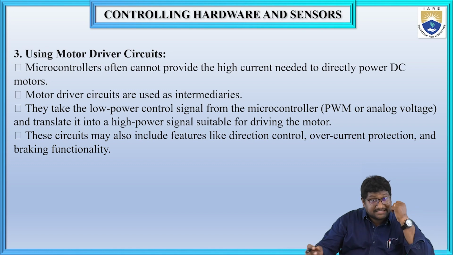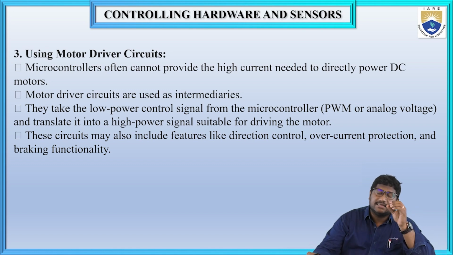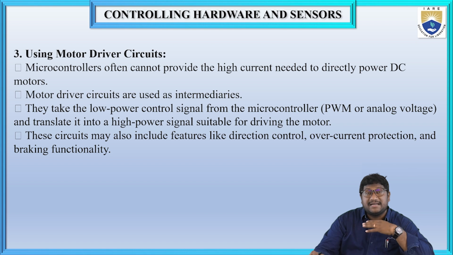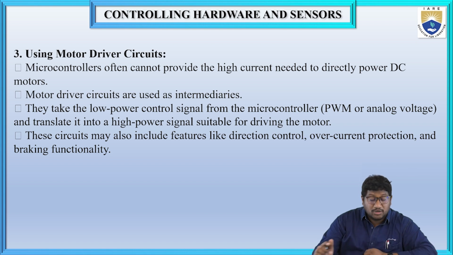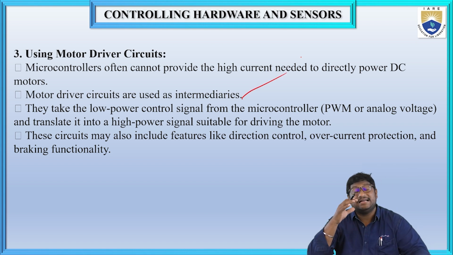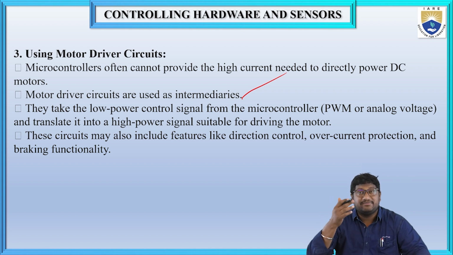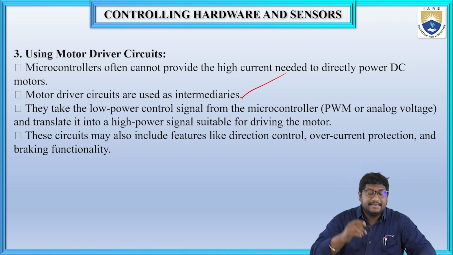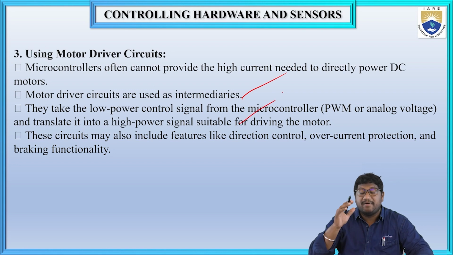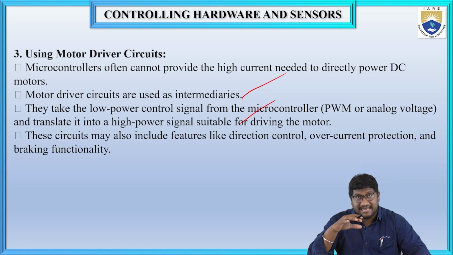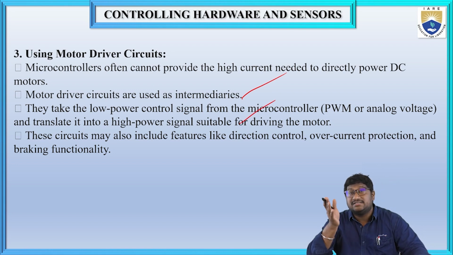What are these motor driver circuits? Microcontrollers often cannot provide high current whenever a particular device requires it. Motor driver circuits can act as intermediaries between those two, taking the low power signal from the microcontroller and translating it to the high power signal for driving the motor.